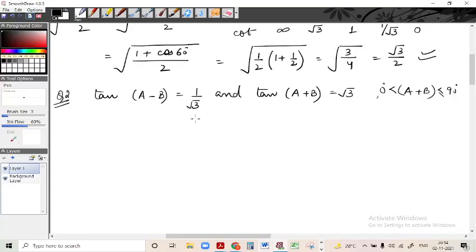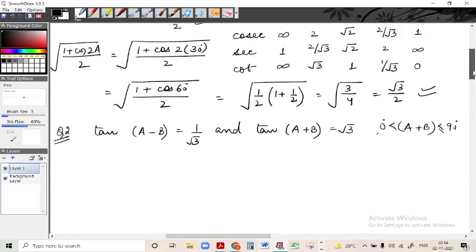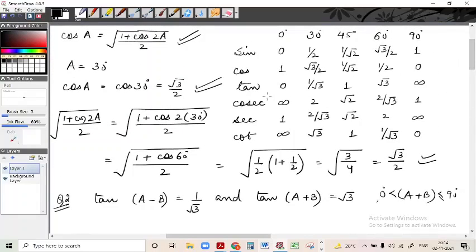Now for tan (A minus B), we have to see for which value of tan we get 1 by root 3. From this table we can see that tan equals 1 by root 3 for 30 degrees. So we can write tan of (A minus B) is equal to tan of 30.